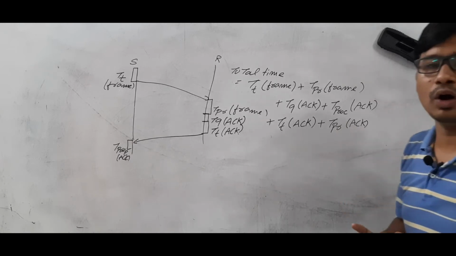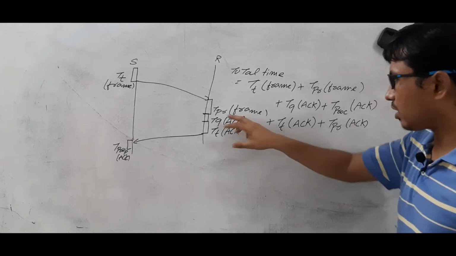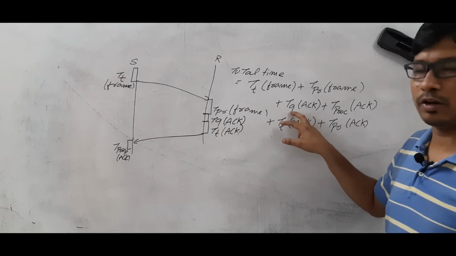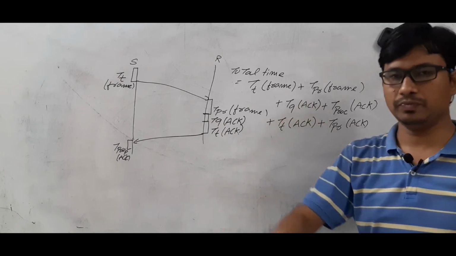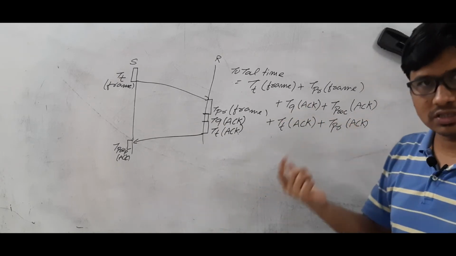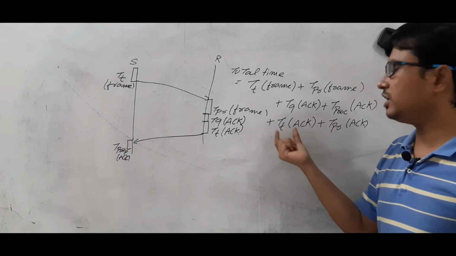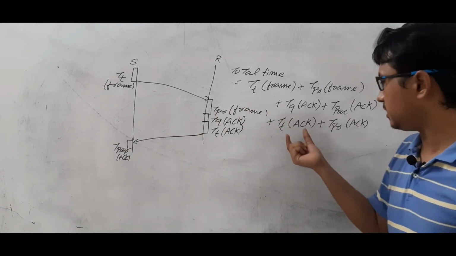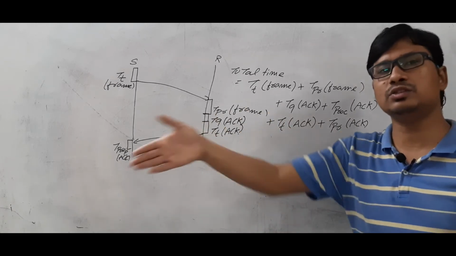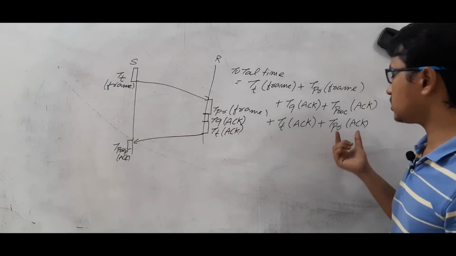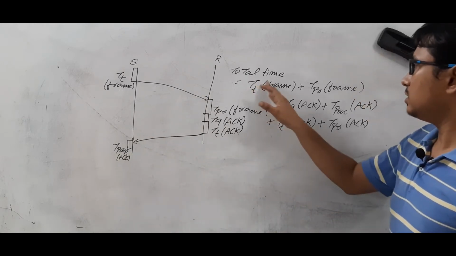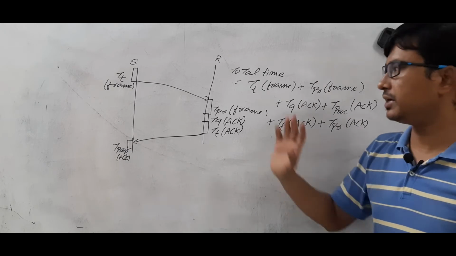If you want to send one acknowledgement, first it needs to wait in the queue, then be processed, then be transmitted, and then transferred to the destination, which is the propagation delay. So this is the total amount of time it takes.